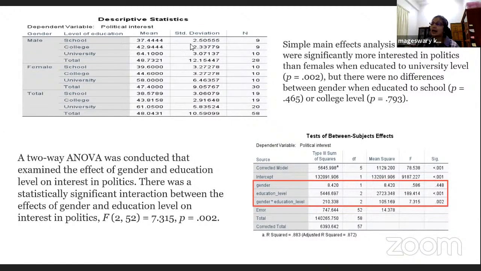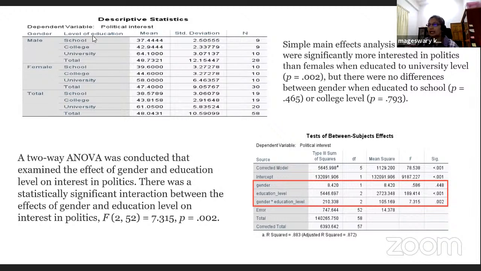I could roughly guess the data is normally distributed, but I'm not sure. To confirm, you need to do a normality test, which is kurtosis and skewness, or Shapiro, any test. Then you need to check for homogeneity of variance. What you can do is, again, Levene's test. The dependent variable is political interest, which is on a continuous scale.